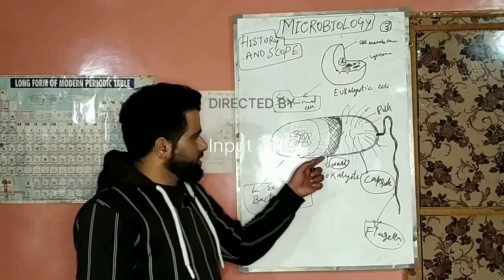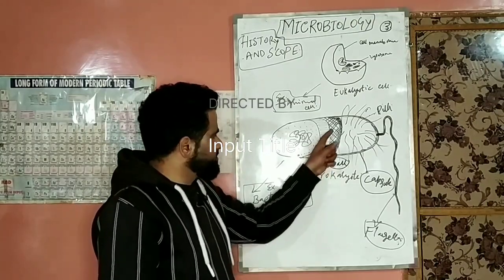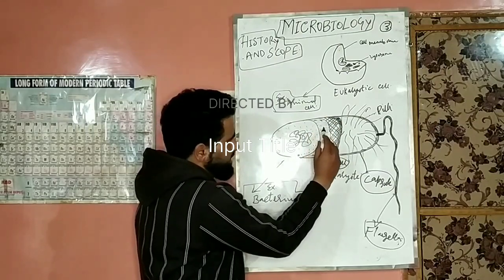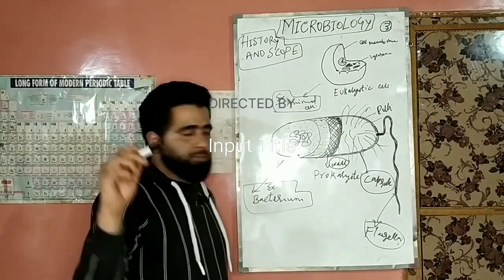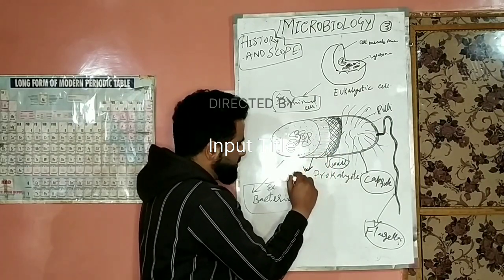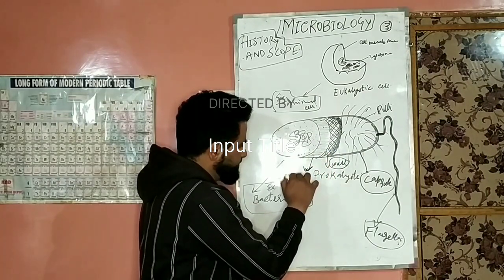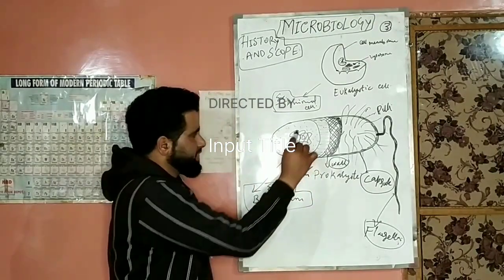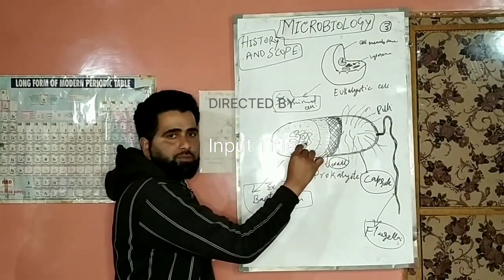So peptidoglycan or chitin molecules make the cell wall. Then this is the lipid bilayer membrane, or plasma membrane, made up of a lipid bilayer. This is the plasma membrane or cell membrane. And then this is the cytoplasm.